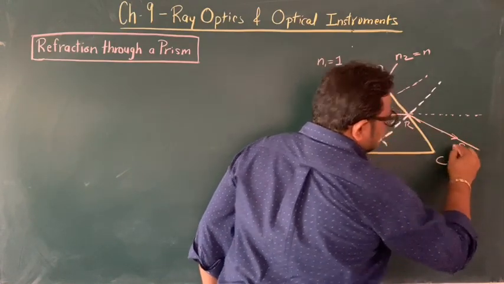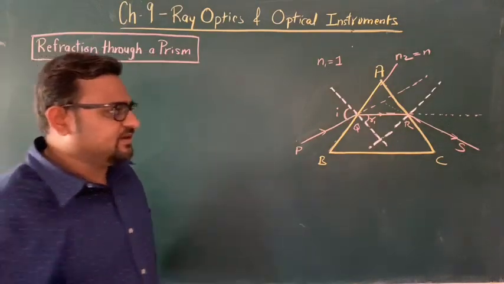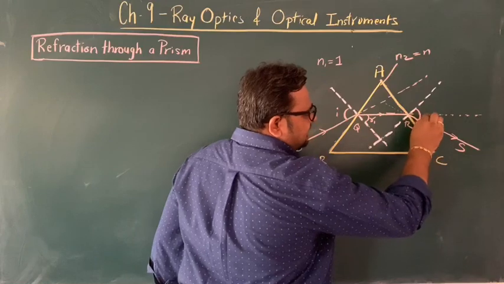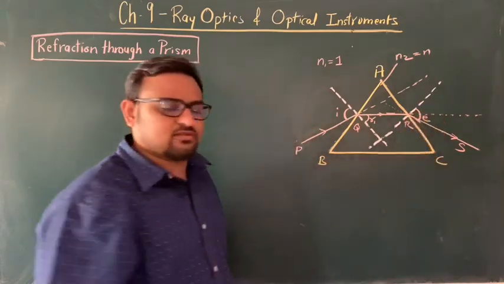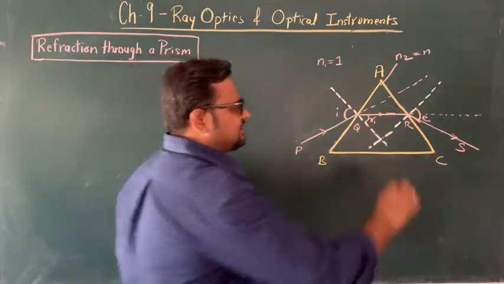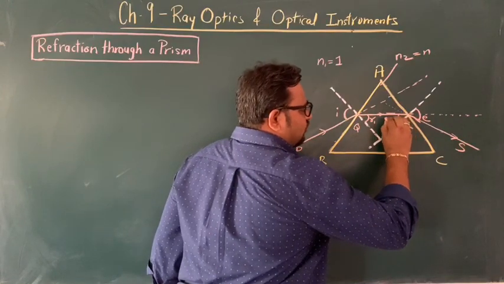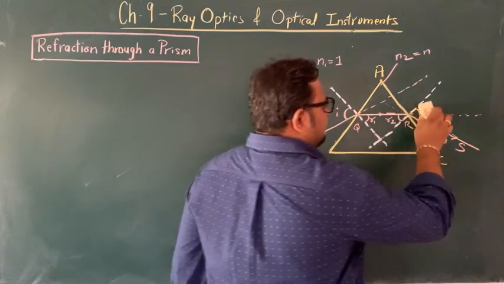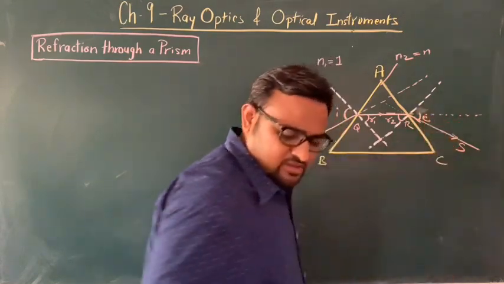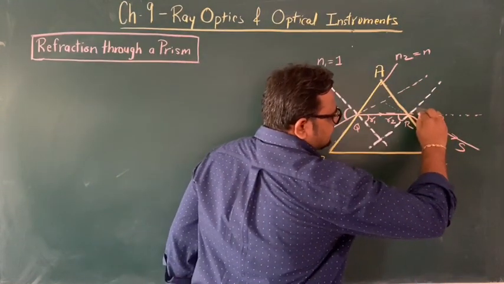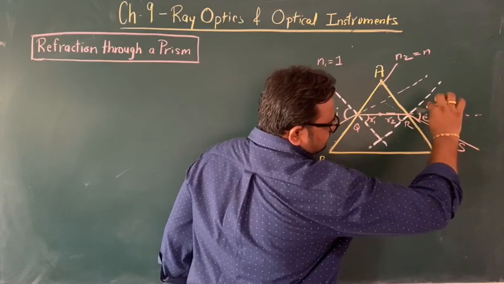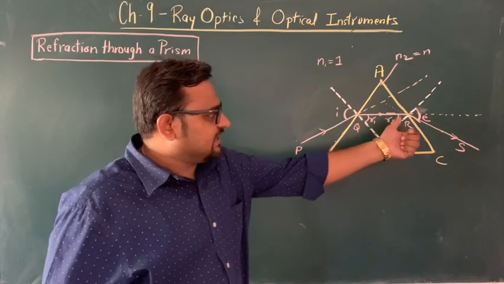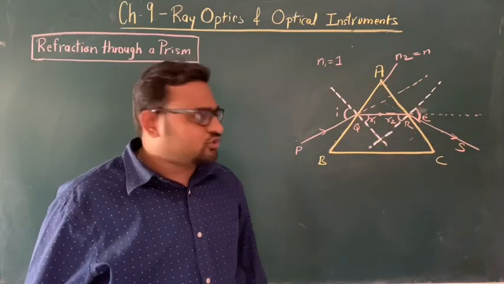Let's name it S. RS is the emergent ray, so this will be the emergent angle. Sorry, my mistake, this is not the emergent angle. This is the emergent angle. Away from the normal. Let this angle be R2.